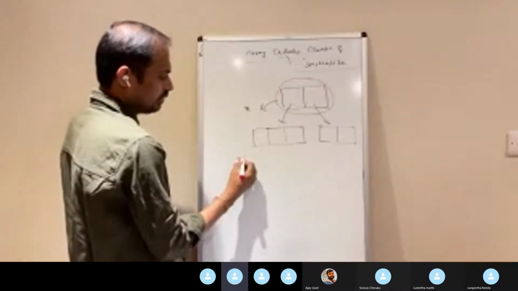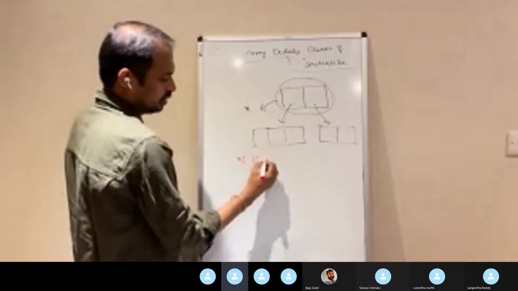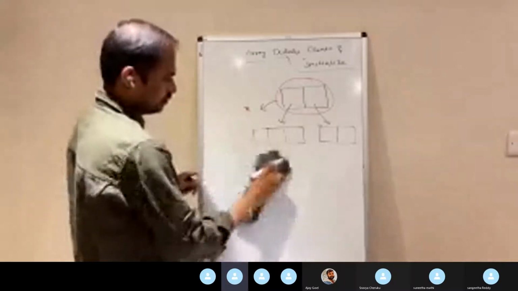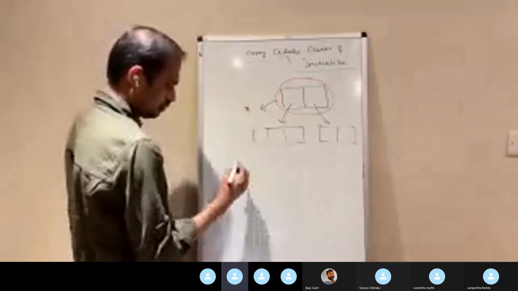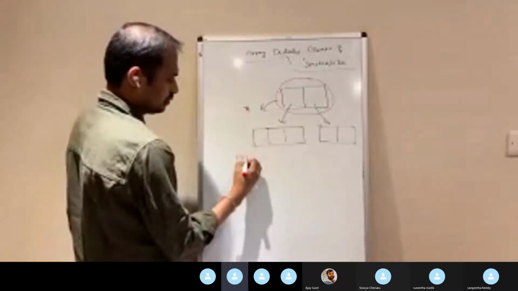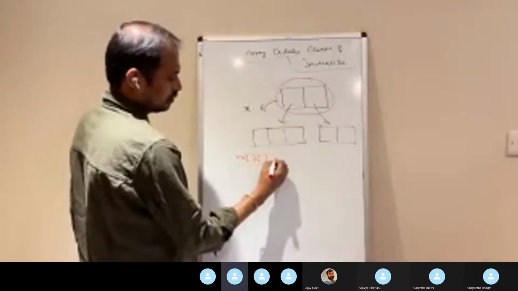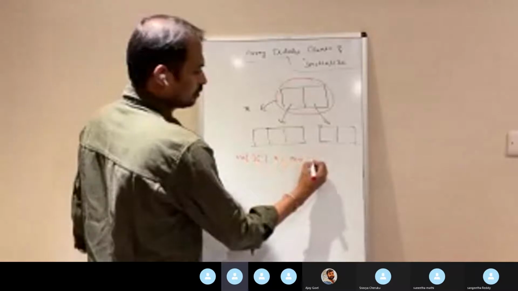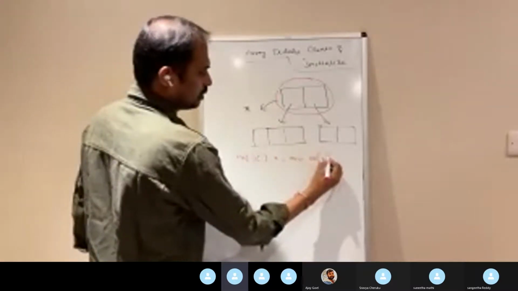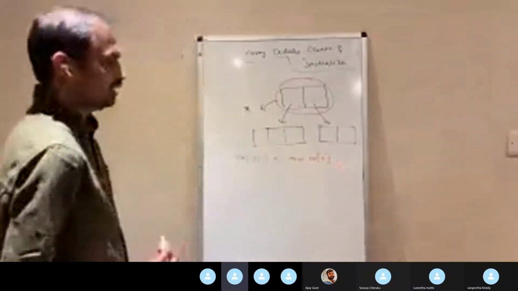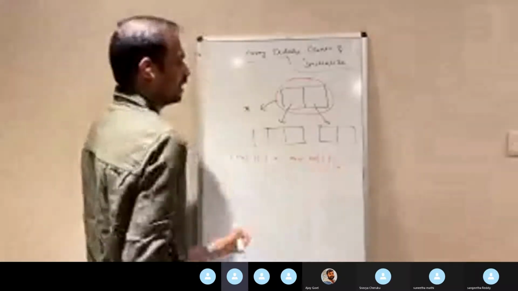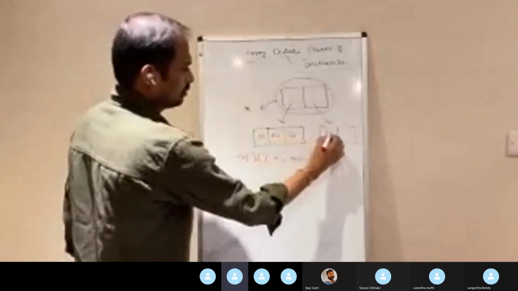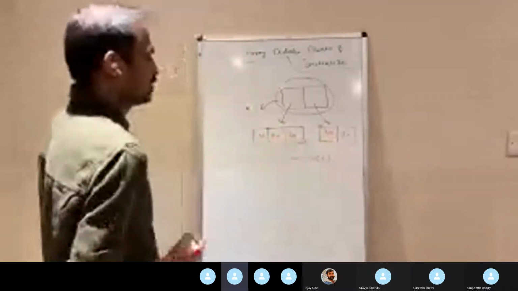So x is equal to new int 2. Right? So these are the values.